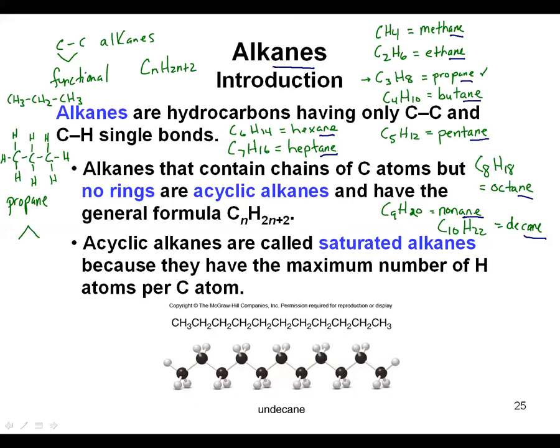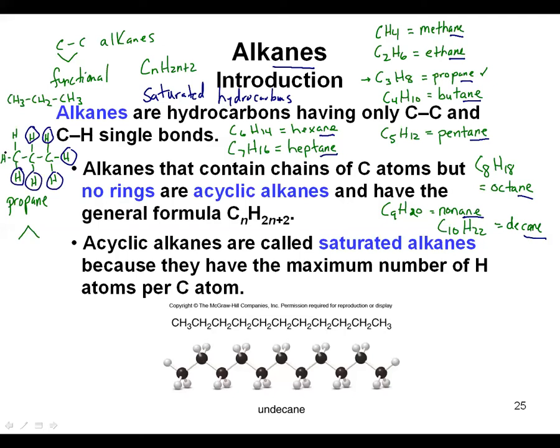These are also sometimes called saturated hydrocarbons. And they're saturated hydrocarbons because when you look at each of these carbons, they have the maximum number of hydrogens they could have.